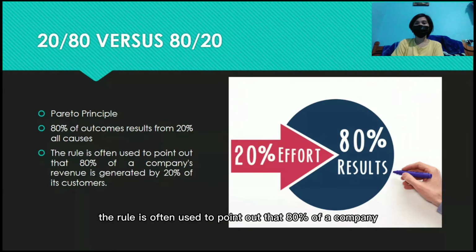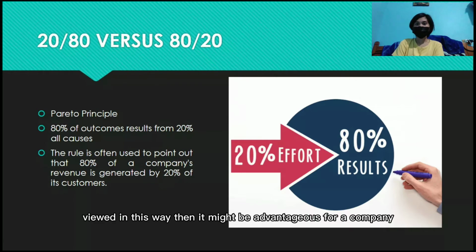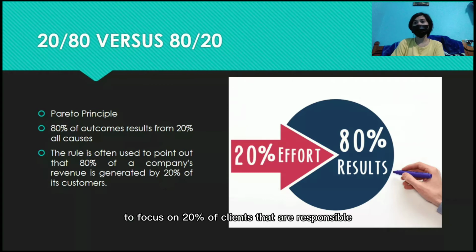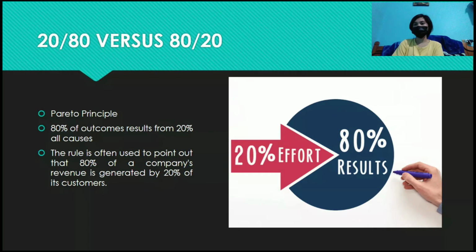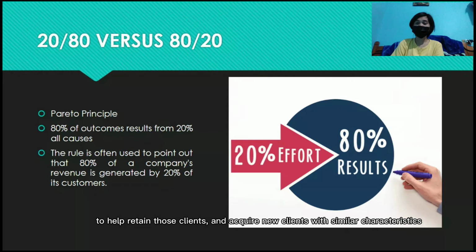The rule is often used to point out that 80% of a company's revenue is generated by 20% of its customers. Viewed in this way, then it might be advantageous for a company to focus on the 20% of clients that are responsible for 80% of revenues and market specifically to them to help retain those clients and acquire new clients with similar characteristics.